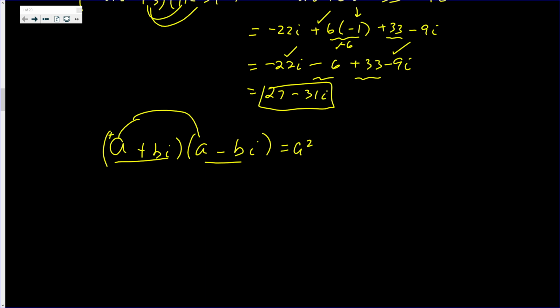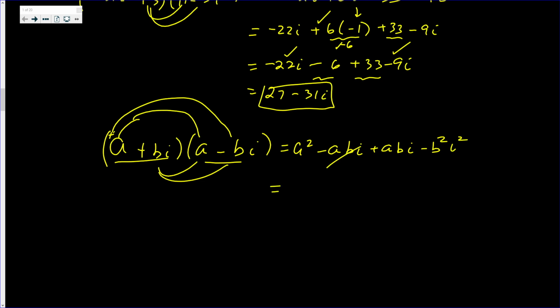Remember, a is positive because there's no sign. Positive times negative is negative: a times b times i. Plus a times b times i. Minus b times b times i times i.